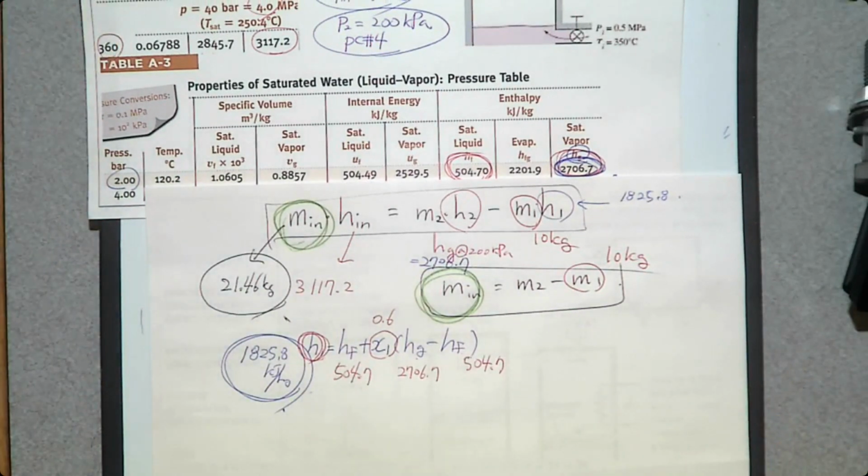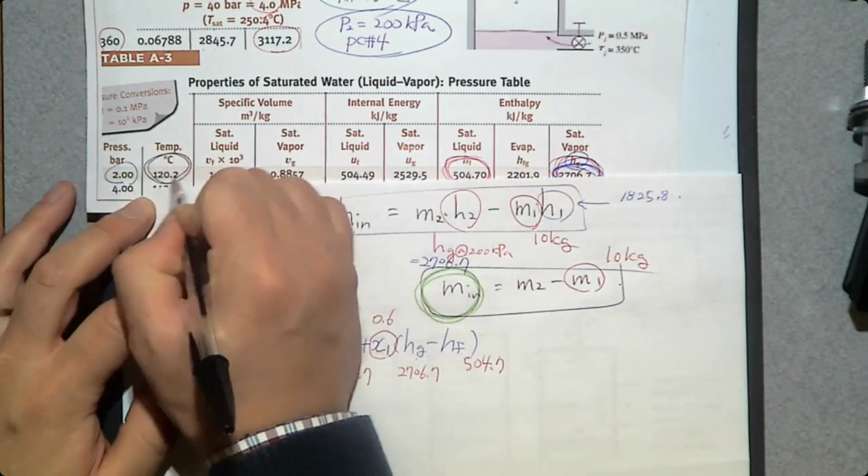What is the final temperature? Finally, it is saturated vapor. So what is the temperature of saturated vapor? Saturation temperature at 200 kilopascal. 120.2 is the final temperature.